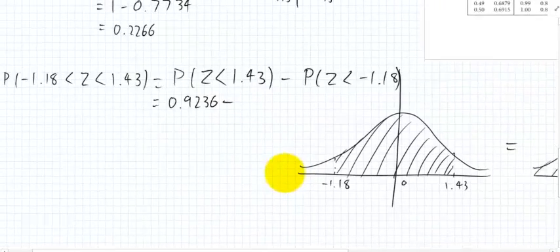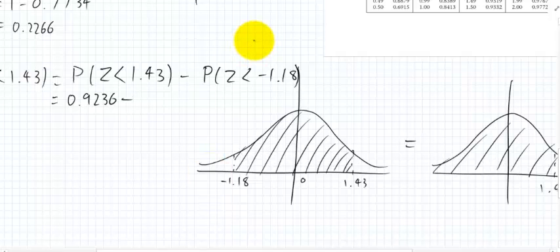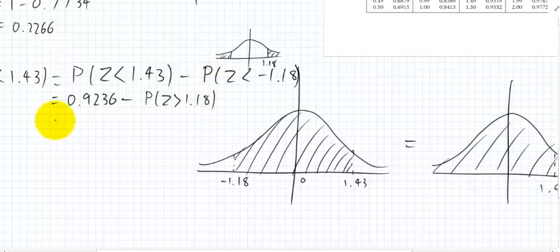Take away. Now unfortunately this is in a less than negative form, so we're going to have to do some changing. So let's first use the symmetry to say that this is equal to the probability of z being bigger than positive 1.18. Now this is still not in a less than positive form.